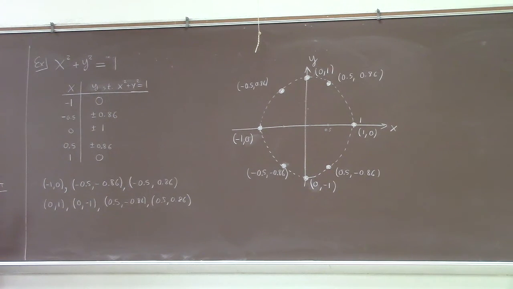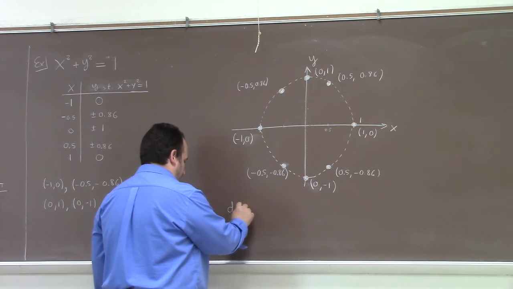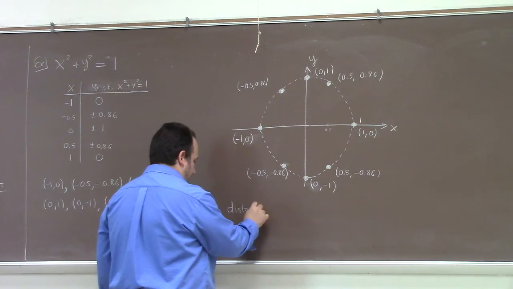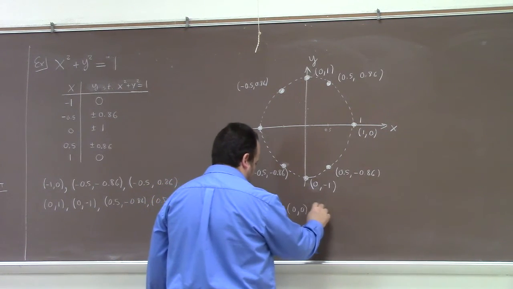And we can actually understand that through some simple argument. What's the distance formula? What's the distance from the origin to xy?